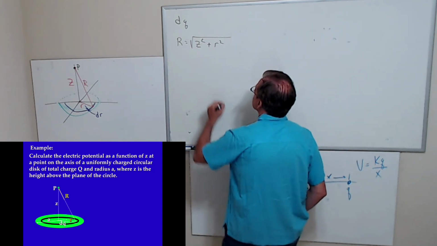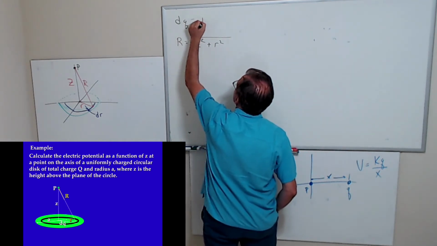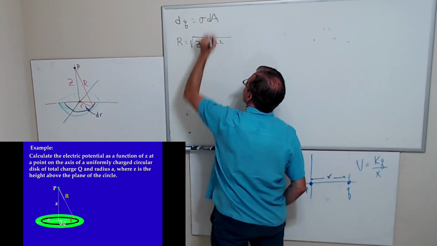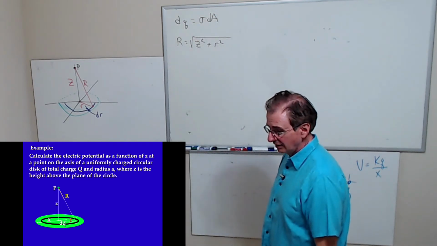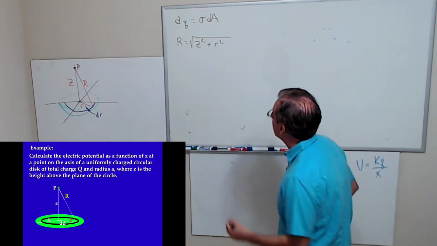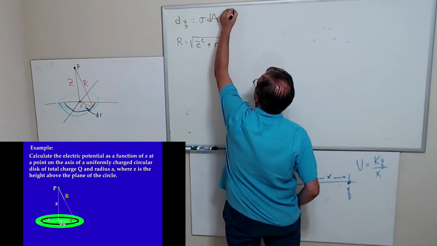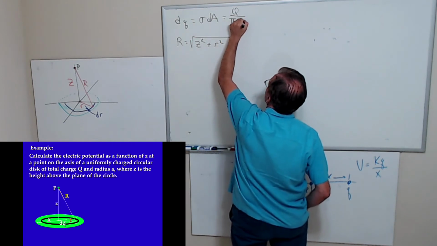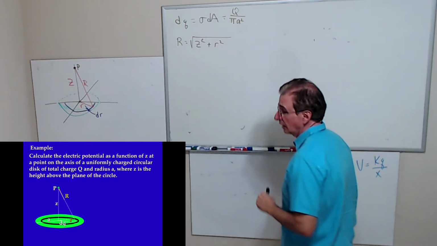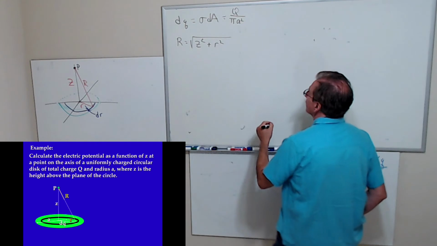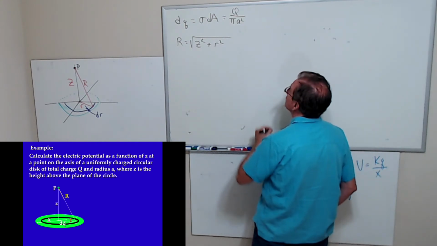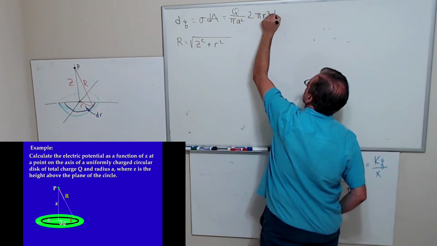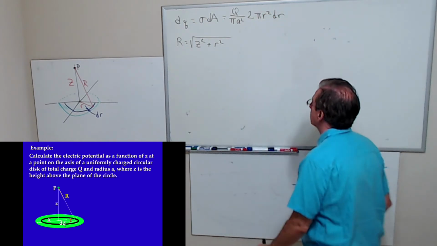And isn't dq sigma dA? This is uniformly charged, so sigma is the total charge on the disk divided by the area of the disk. And since this is a ring of thickness dr, we've talked about this before, that's going to be our dq.